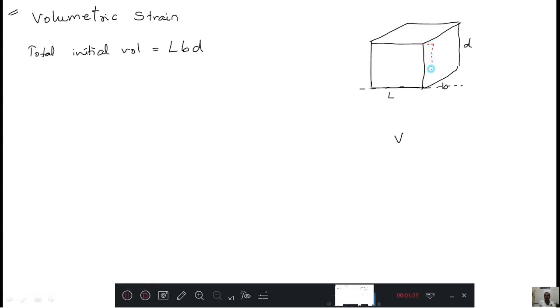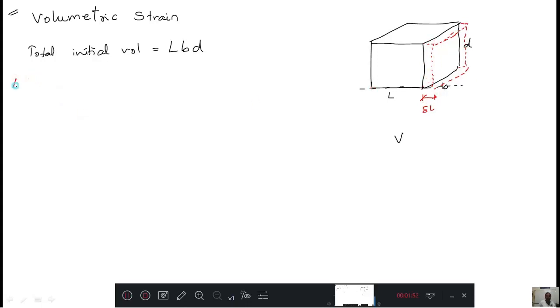This is the L direction, so this will be a delta L. Then delta L is increased. How much volume is increased here? This is the delta L and D into B.